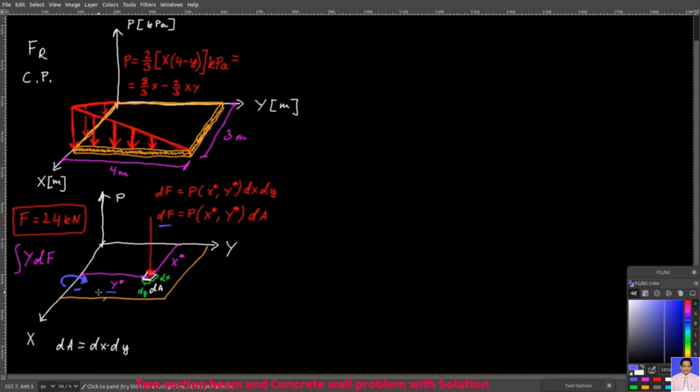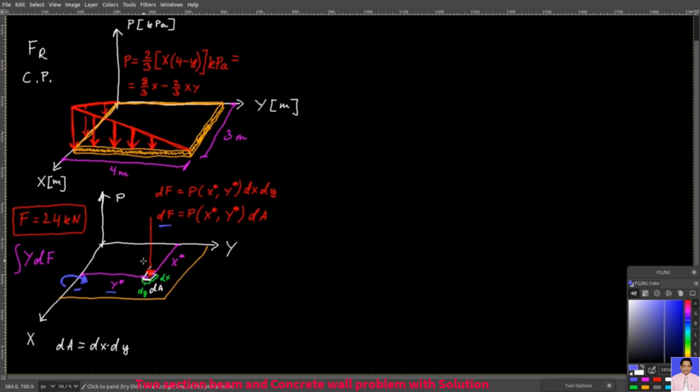You can see that according to the right-hand rule, it will be a negative moment, because your right-hand thumb will point in the negative x direction. That's because all forces point down, and in this configuration, where all your y values are positive, the tendency of rotation about the x-axis is as I have drawn here, in the negative x direction.